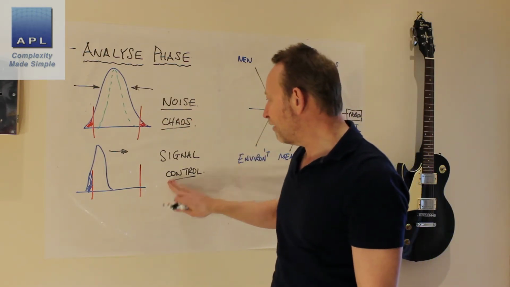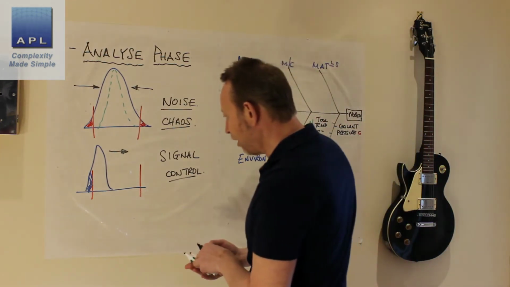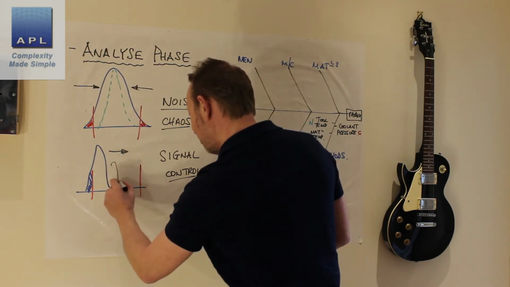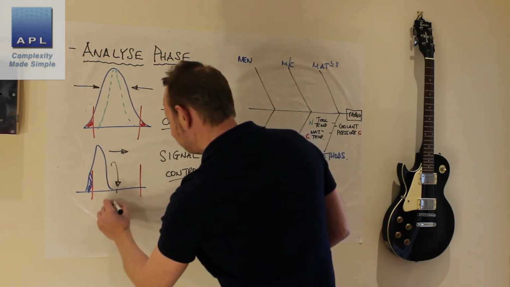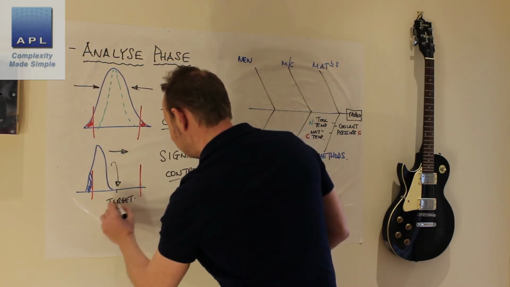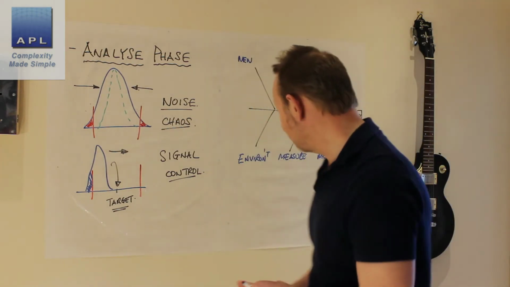Now, when you have this signal, what do you want to do? Well, I want to move the mean. I want to move the center of this process, and of course I want to make it hit the target. Now at this point, what tool am I going to use in order to do this?